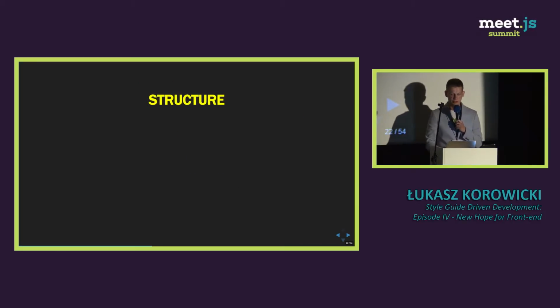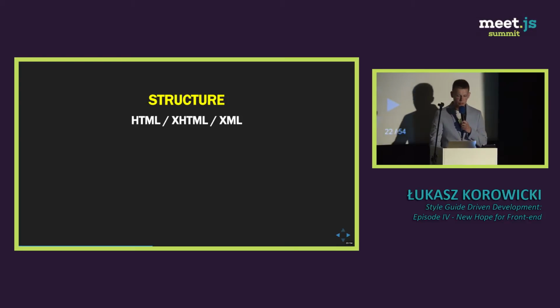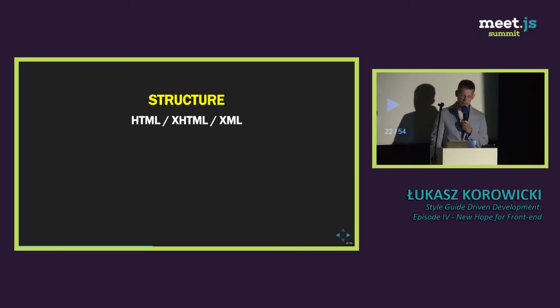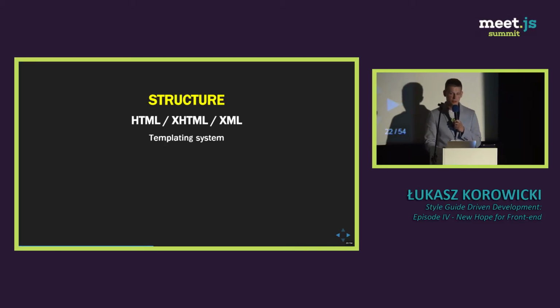To create structure in our applications, we can use HTML, XHTML, or XML. Of course, we can use some templating system, which allows us to create some modularity by separating our code into simple templates.